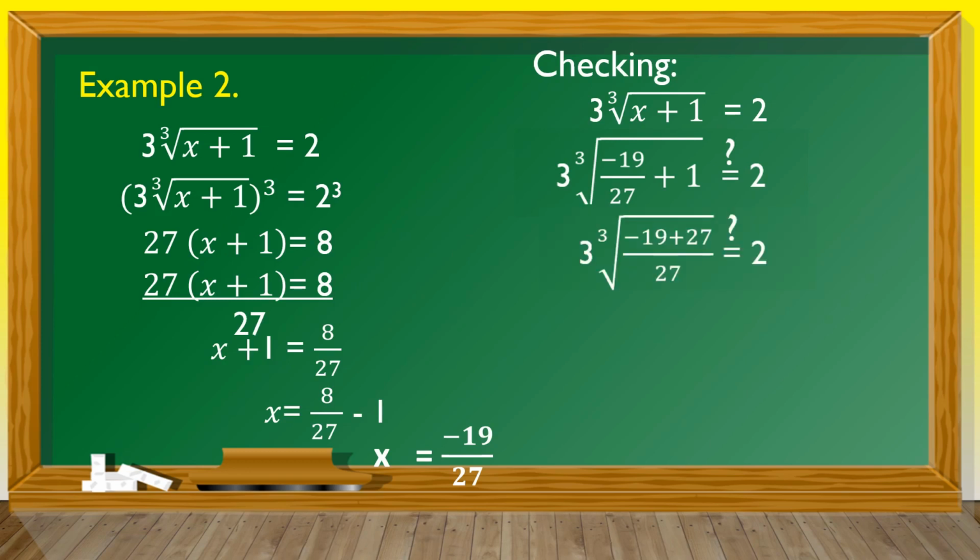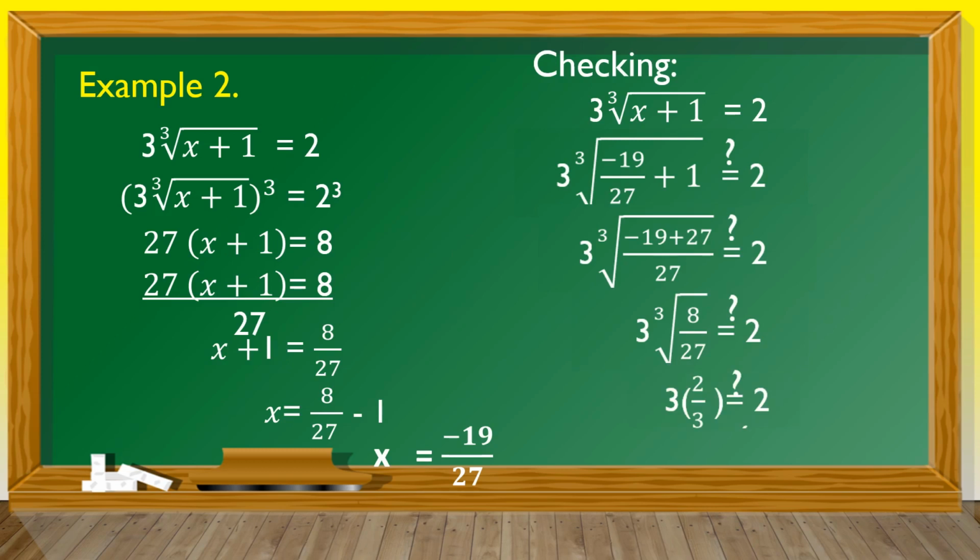Then simplify the radicand. We have 3 times the cube root of negative 19 plus 27 over 27 is equal to 2, and we have 3 times the cube root of 8 over 27, the simplified form of negative 19 plus 27 over 27.